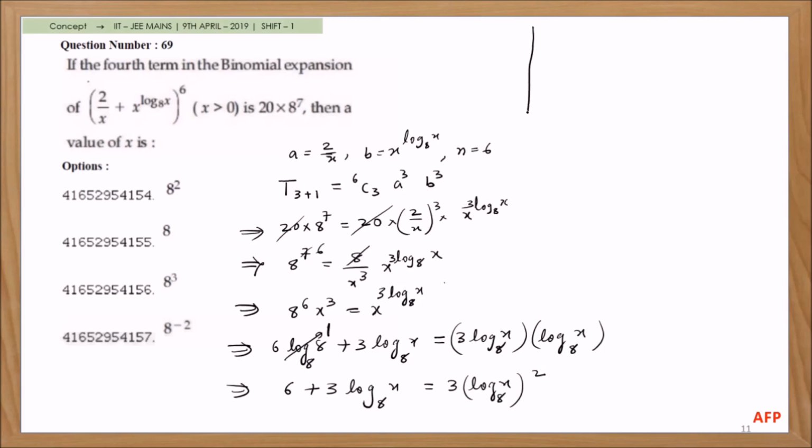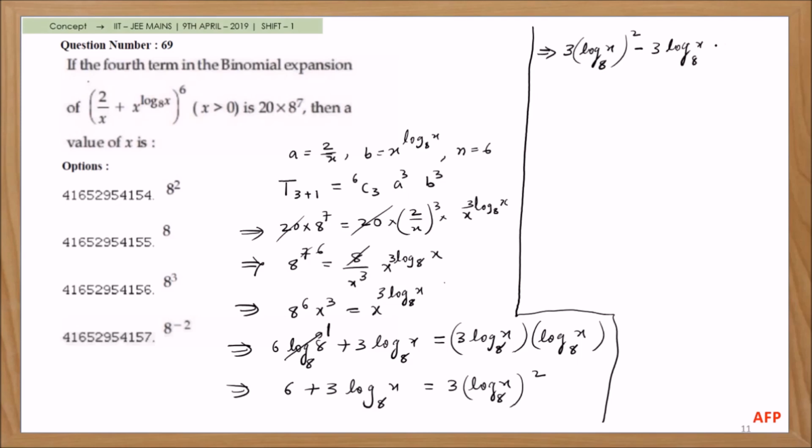For further simplification, this implies 3 times log x to the base 8 whole squared minus 3 log x to the base 8 minus 6 is equal to 0. Which is nothing but log x to the base 8 whole squared minus log x to the base 8 minus 2 is equal to 0.